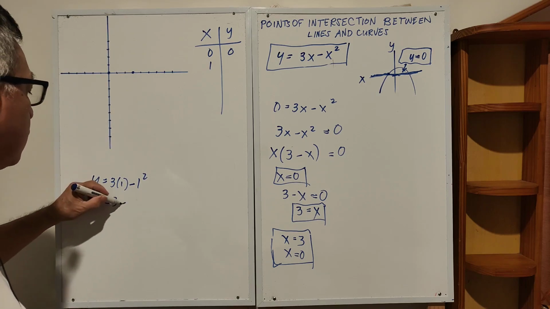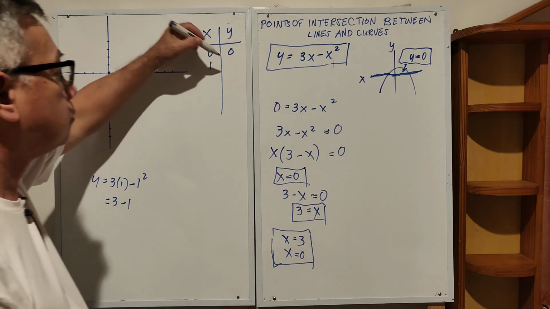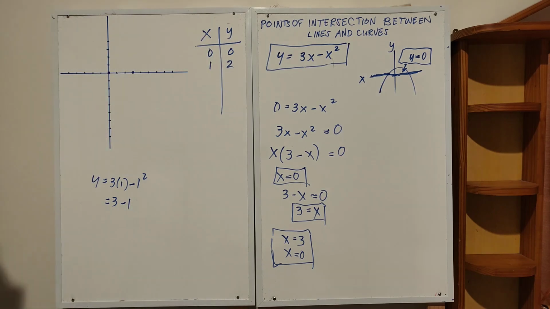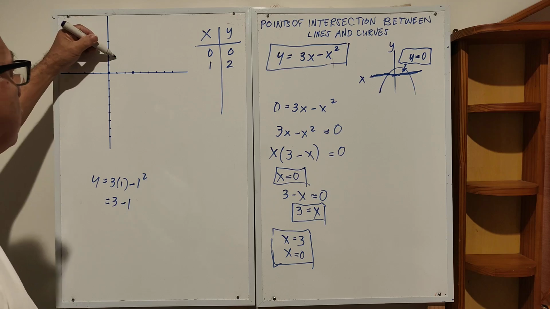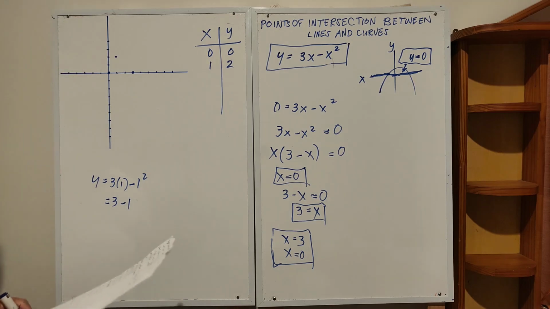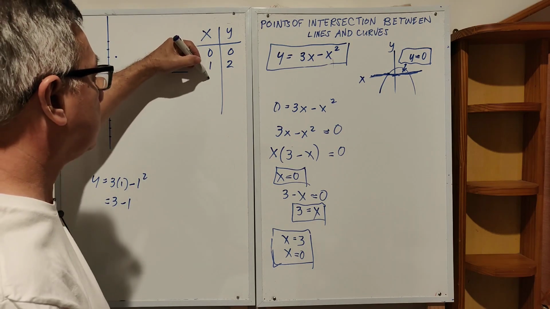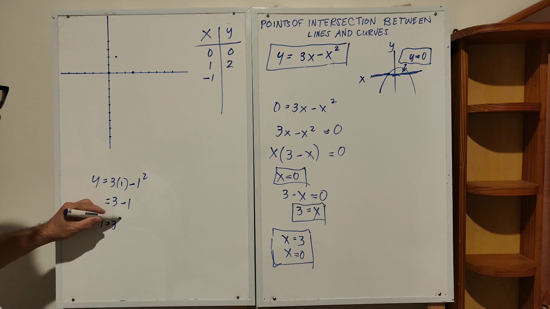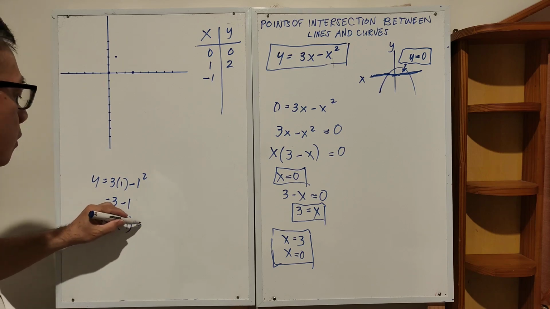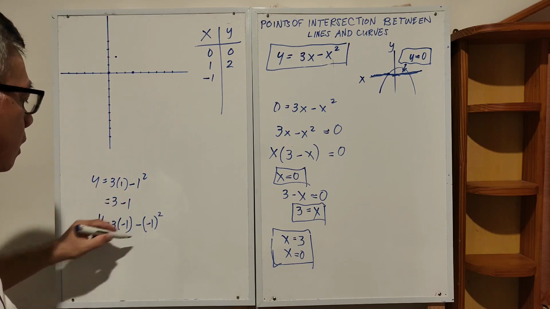So that will be 3 minus 1, so your y will be 2, which is this one. If x is negative 1, y is equal to 3 times negative 1 minus negative 1 squared.